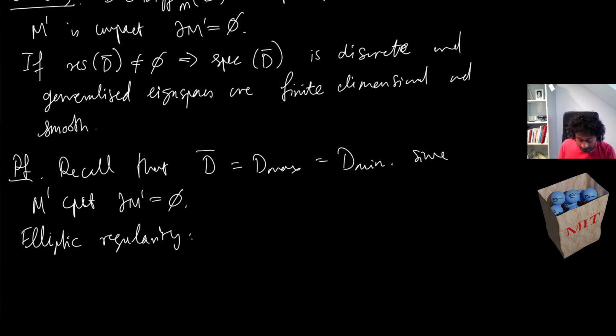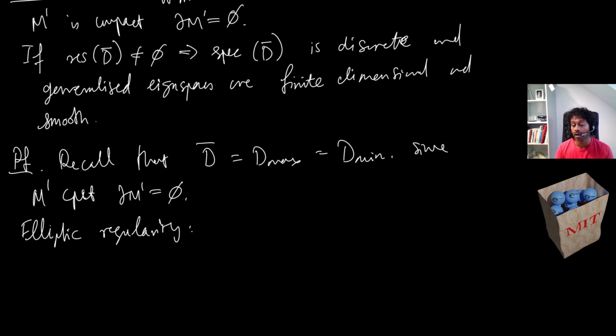The proof of the proposition you can find in Kato. I won't go into it; we have to make a decision of what the important things to prove are, and I think the example is more important than the abstract theorem because that can be accessed anywhere. Of course, you can probably find this anywhere too, but just to have seen it in application, I think it's more of a significant thing to do.